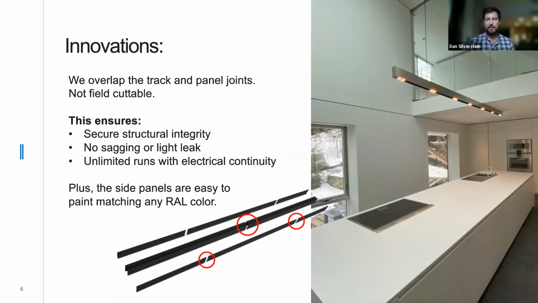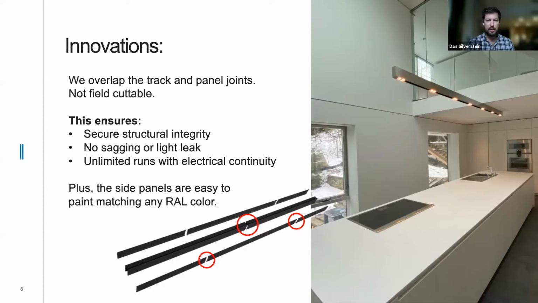Then we can extend it out really to infinity, like the sky's the limit, because on the outside of the track we have a flat piece of extruded aluminum that we stock in white and black, but we can custom paint to whatever your RAL color desires, and you create a monocoque sandwich.